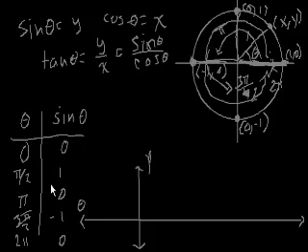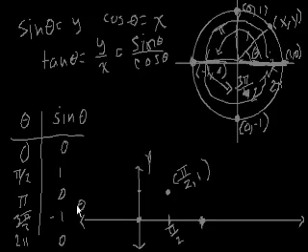When theta equals 0, sine of theta is equal to 0. So that's this point right here, 0, comma 0. When theta is equal to pi over 2, sine of theta is equal to 1. So this is the point pi over 2, comma 1. When theta is equal to pi, sine of theta is 0 again.